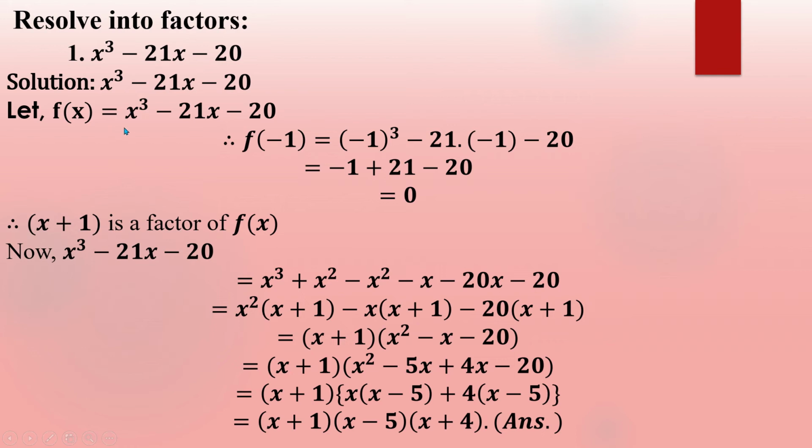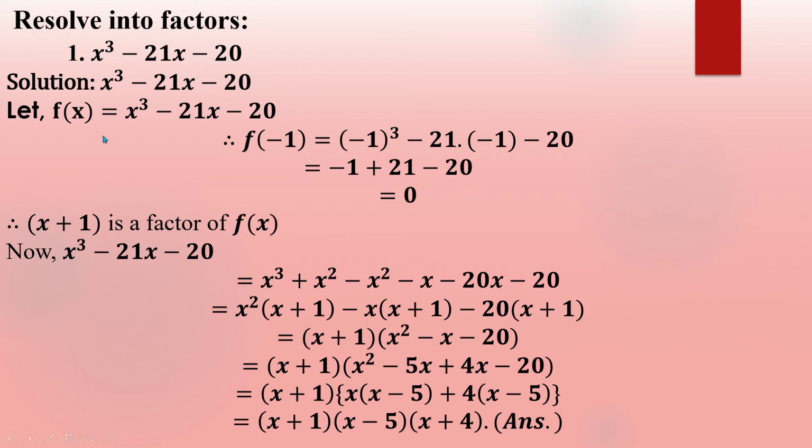So we have to take the factors of 1, either 1 or minus 1, or the factors of 20. Factors of 20 are 1, 2, 4, 5 and 20. We can take either plus 1 or minus 1, either plus 4 or minus 4, either plus 5 or minus 5, either plus 20 or minus 20.